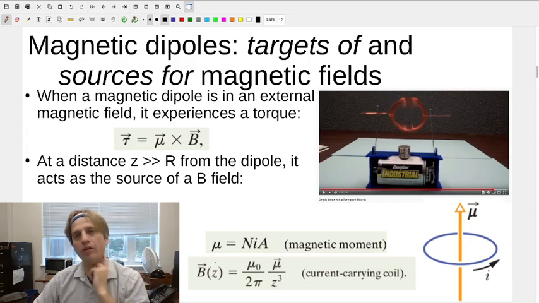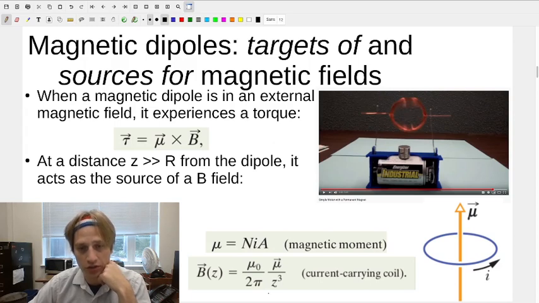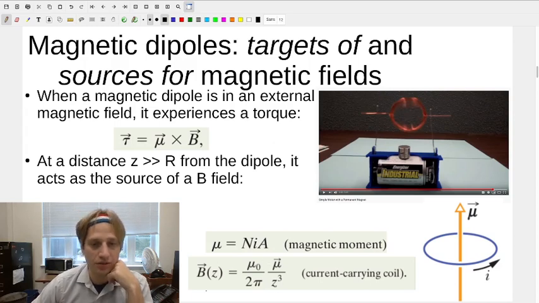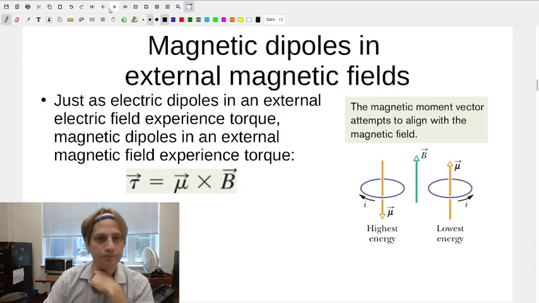You'll remember our Coulomb's law is 1 over z squared. Our electric field for an electric dipole died off as 1 over z cubed. So we have the same type of behavior here where our magnetic dipole has a magnetic field that dies off as 1 over z cubed. We're going to see that in just a moment.